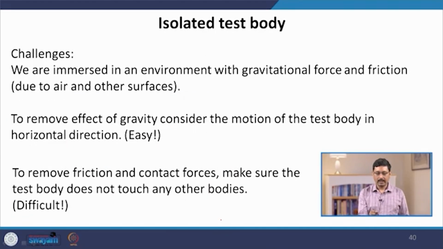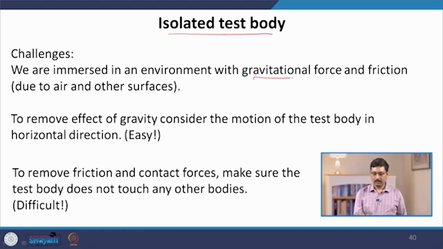First is an isolated test body. Now, this part is very difficult, and this is the reason why Newton's first law is very counterintuitive to our daily experience. Why? Because we humans on this earth are immersed in an environment where there are always two forces present.